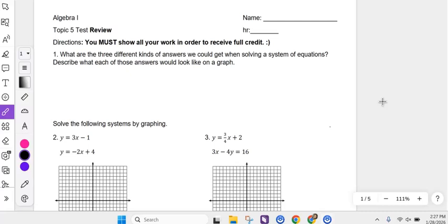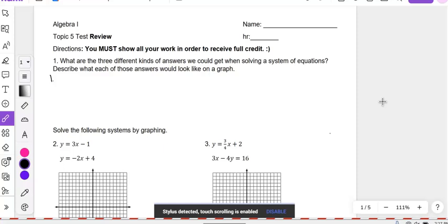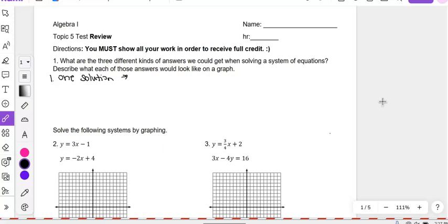So let's get started. First, what are 3 different kinds of answers we could get when solving a system of equations? Describe what each of these answers would be on a graph. The first one would be one solution, and that's when 2 lines cross at one spot.